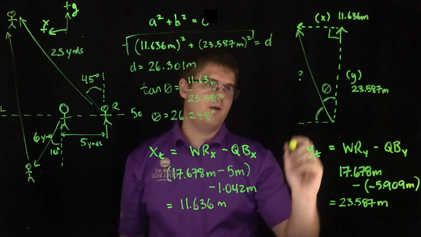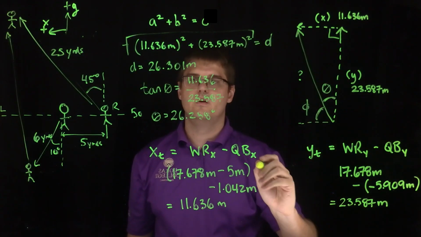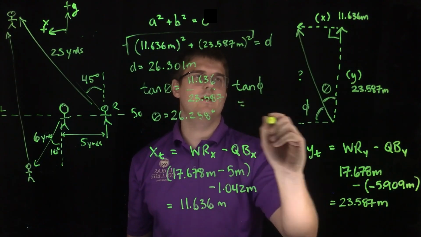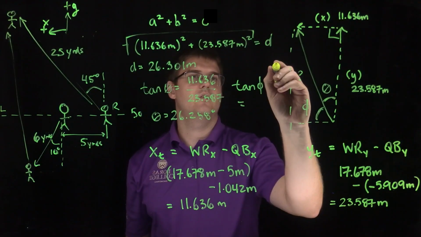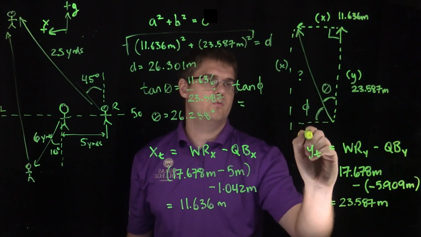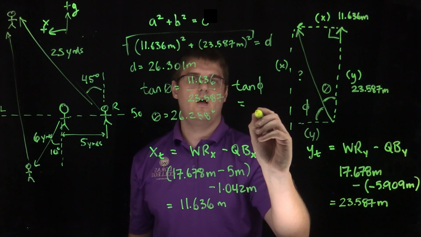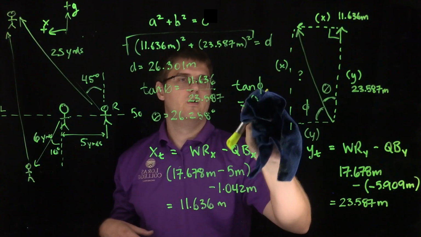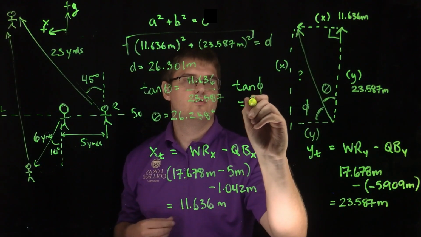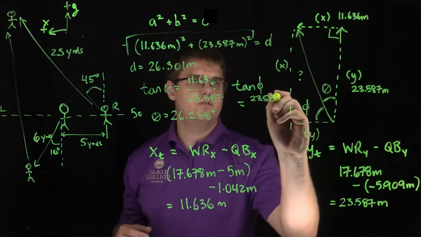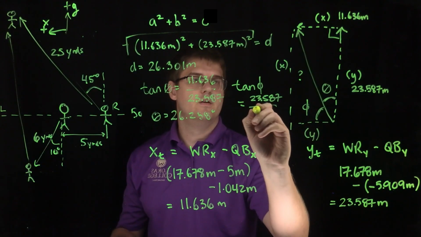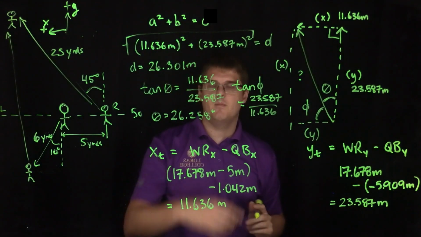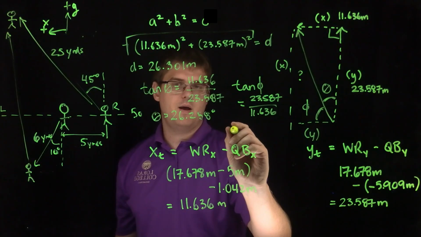We could solve for this one. We could call it phi, and tangent phi would be equal to, this is x, this is y, so I'm just going to write in the number, 23.587 divided by 11.636. And that's going to come out to whatever 90 minus this number is.